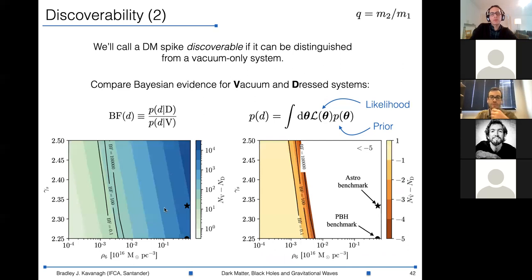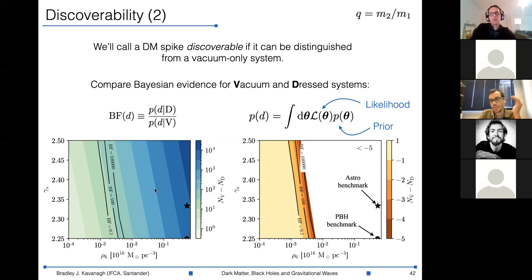Okay, so what we find is the following. On the left here, the colors that I'm plotting are essentially the total dephasing over 5 years. So this is what I was showing you in some of these previous plots. This is a heuristic for the size of the dephasing effect, as a function of the normalization of the spike and the slope.